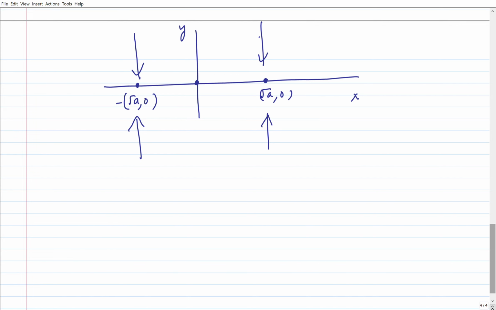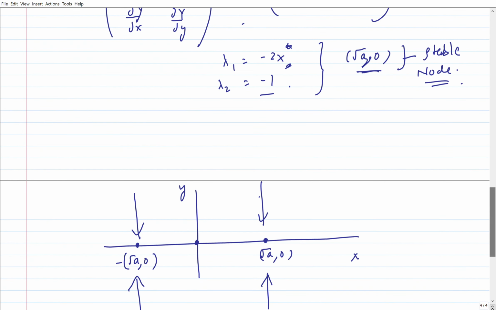What about the x direction? In the x direction, as I have seen, this is a stable node, so things go over here. And for minus root a comma 0, this eigenvalue becomes positive. So I have a saddle here. This fixed point is a saddle. This fixed point is a stable node.